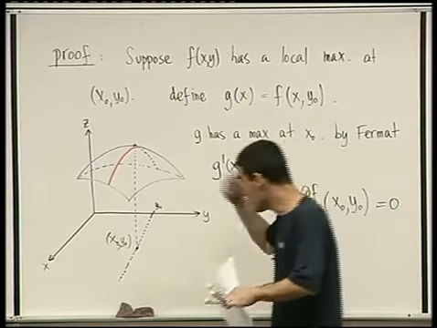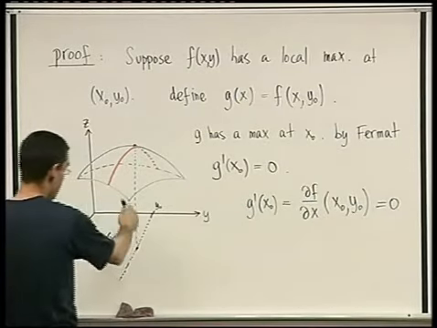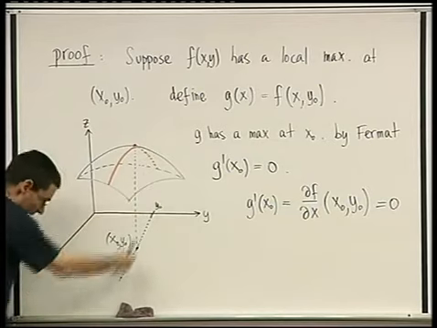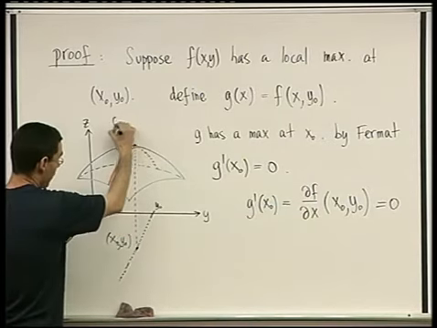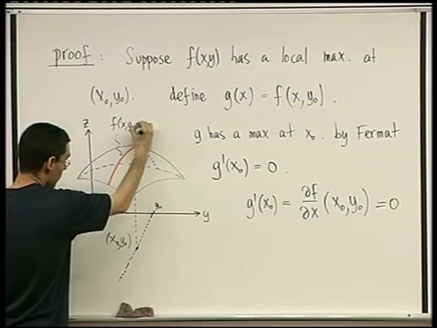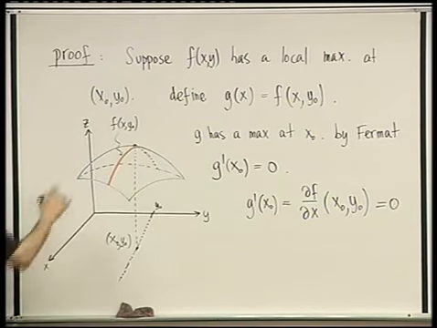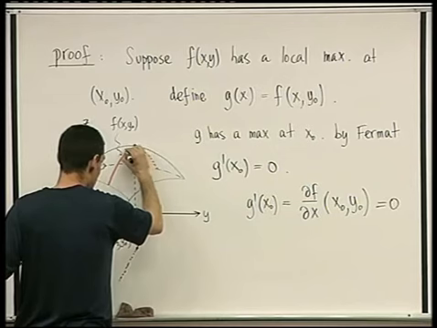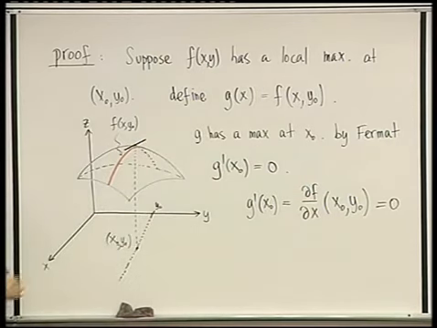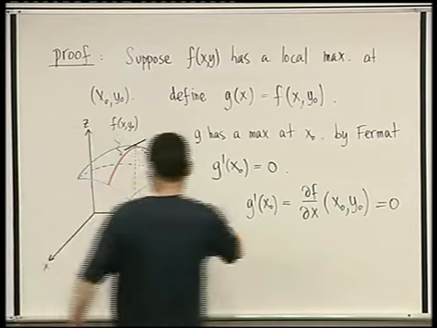You should see with your eyes that if this is the graph of f, the orange thing is the graph of f of x, y0, when x varies and y0 is fixed, and the derivative at this point, the tangent line at this point, is precisely horizontal. Okay? Do you agree?